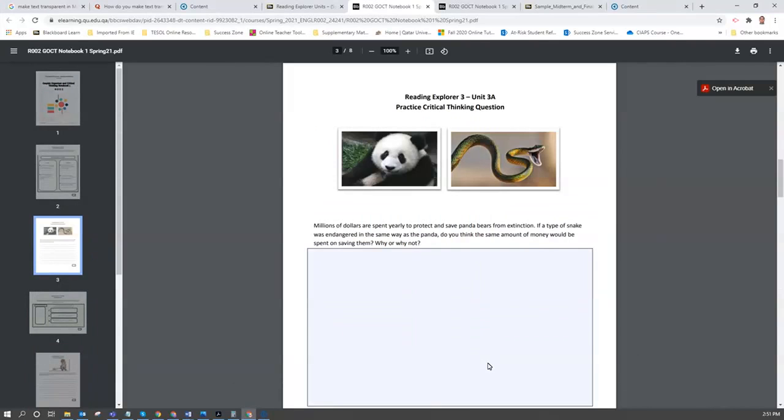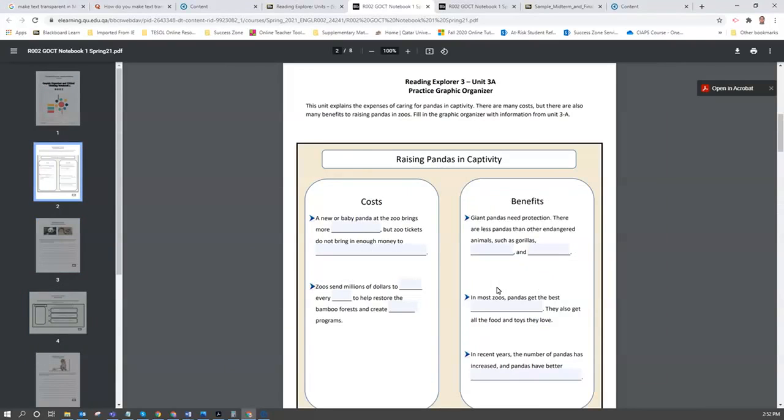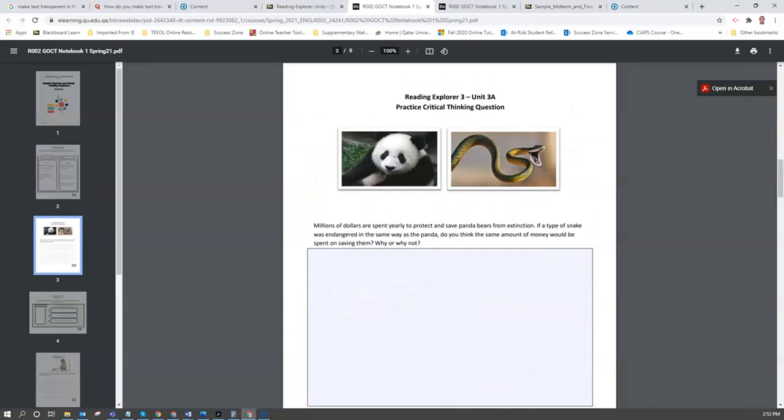So here, these questions are going to be pretty much all the same for students. But for here, this is going to be your individual sentences. And it's your own opinion, okay? And it's important that you try to write 3 to 5 sentences, like a full paragraph. So this one asks you, millions of dollars are spent yearly to protect and save pandas.